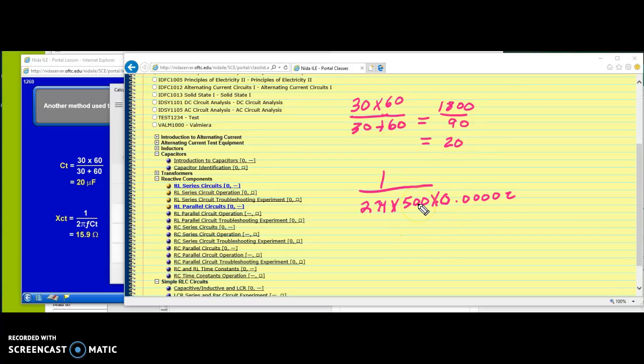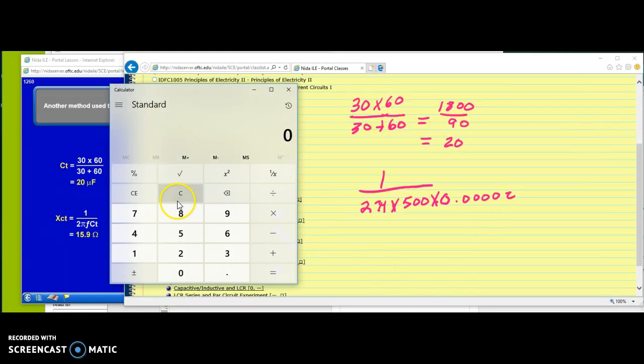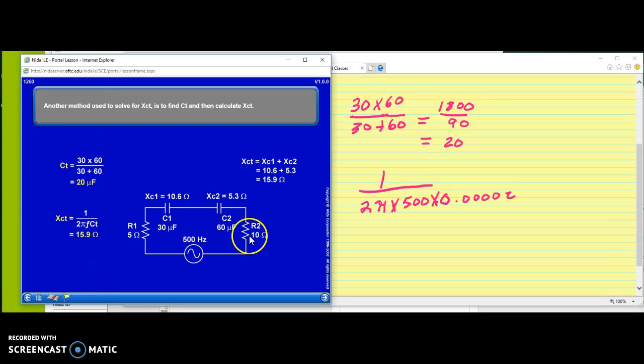So let's break out the calculator here and do this one, shall we? So 2 times pi, 3.14, oops, back that up, make that a 4, probably wouldn't have made much difference, but we want to be right, times 500 times 0.00002 equals 0.12342, and reciprocate that, we get 15.9, which is the same thing they got applying that same formula.